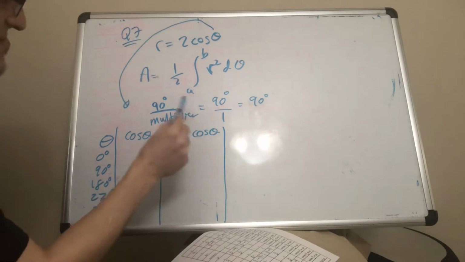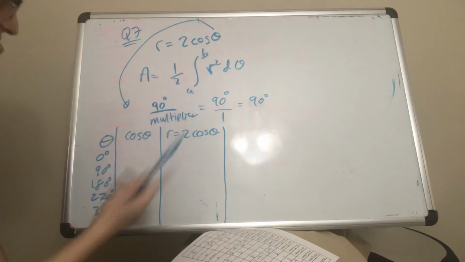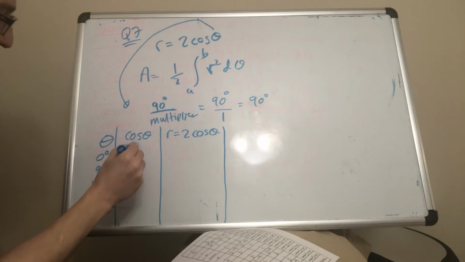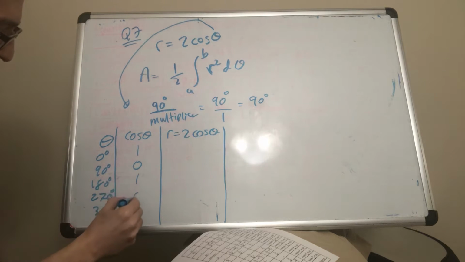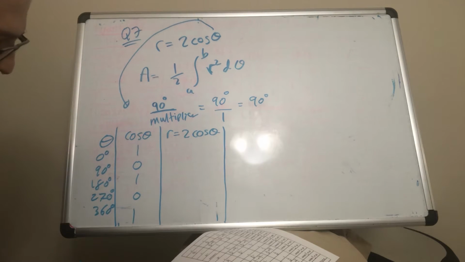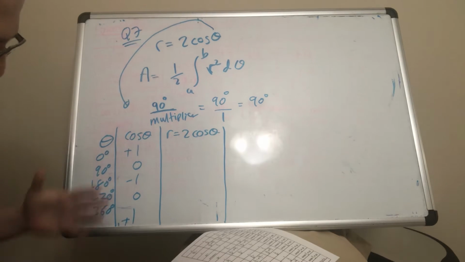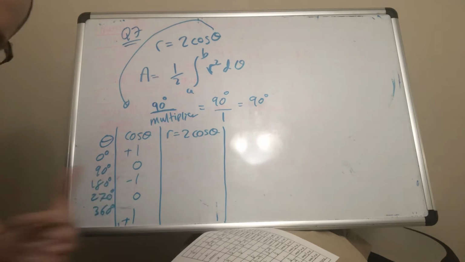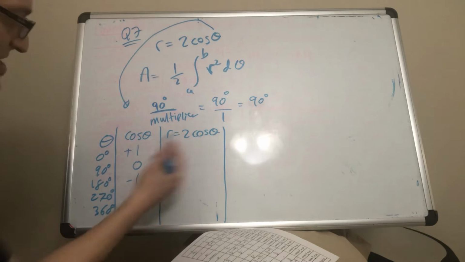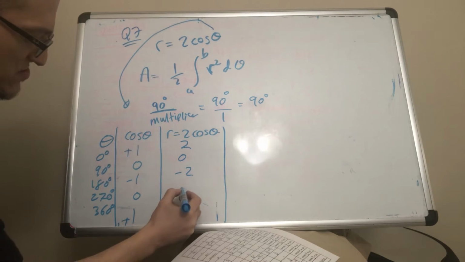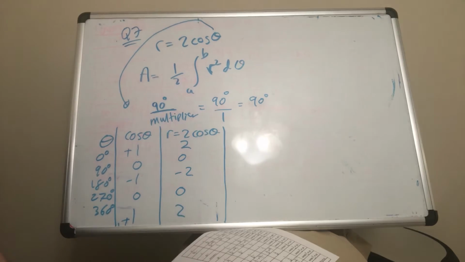The idea of taking 90 degrees over the multiplier is because cosine is always 1, 0, 1, 0, 1, and it's positive, negative, positive. So it's the idea of 1, 0, 1, 0, 1. And when you double, that's a 2, that's a minus 2, that's a 2.